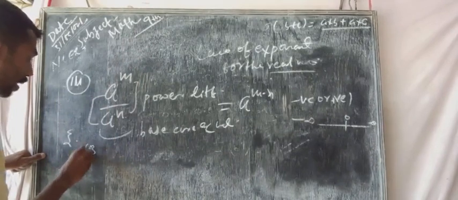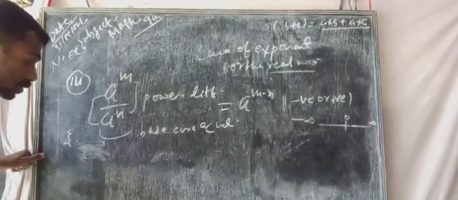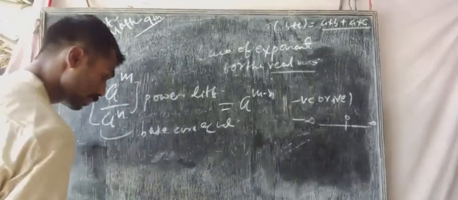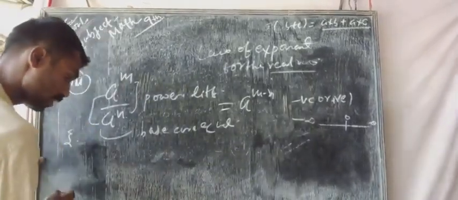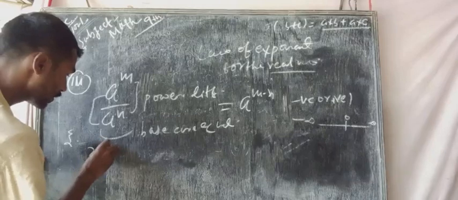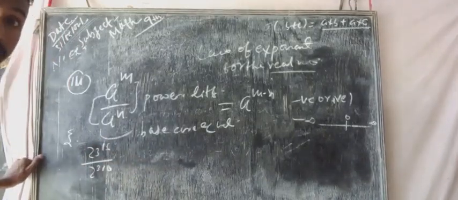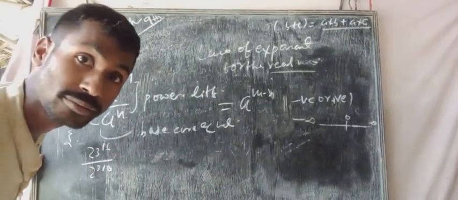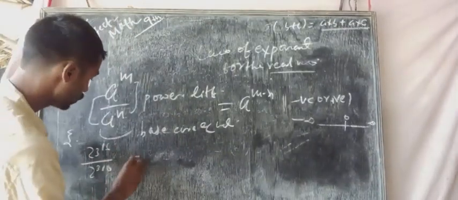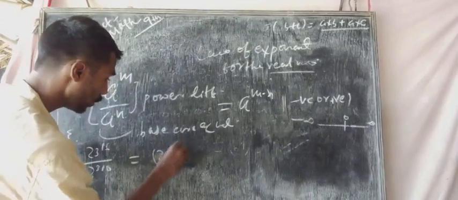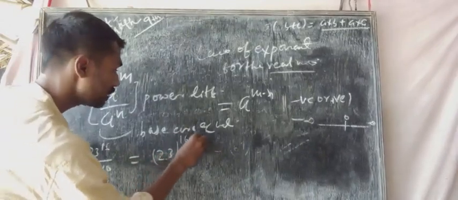Let's take an example. Suppose that 23 to the power 16 by 23 to the power 10. This will be equal to 23, base is equal, whole power 16 minus 10.